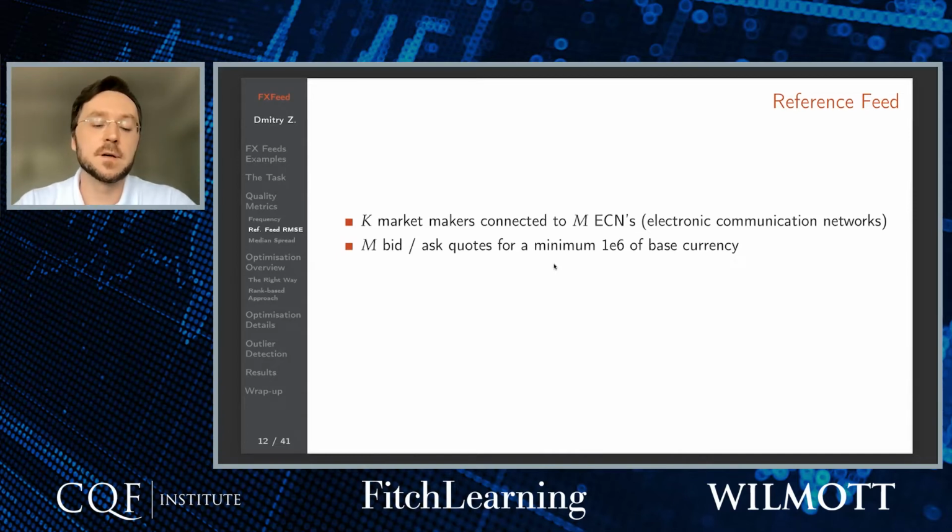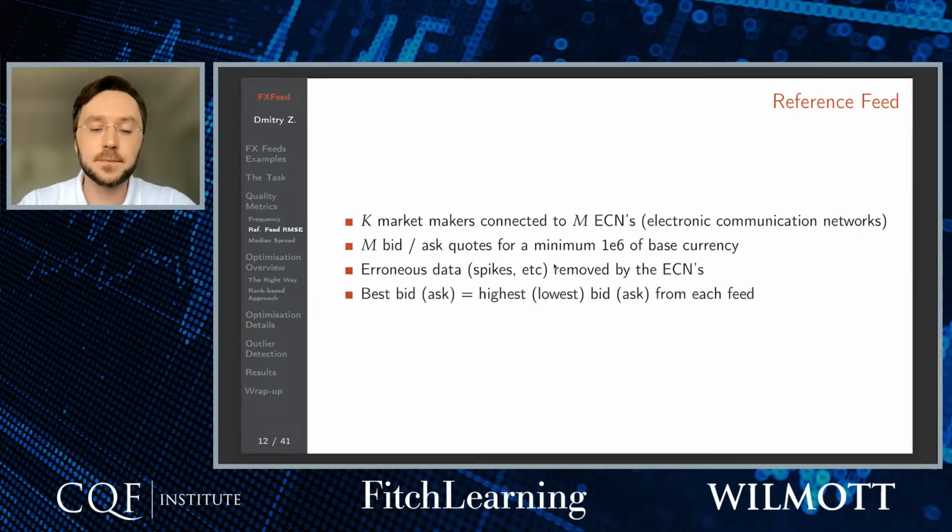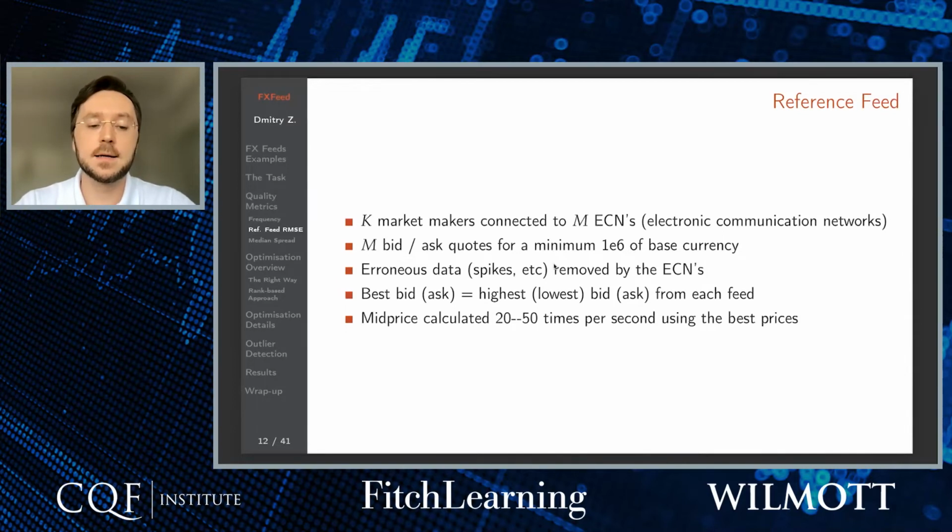They receive the corresponding number of bid-ask quotes for a minimum of 1 million in base currency. They also filter erroneous data like spikes. They take just the best bid and ask from each feed and compute the mid price using the best bid and ask 20 to 50 times per second.